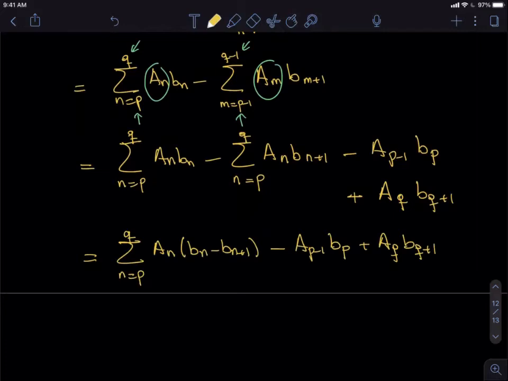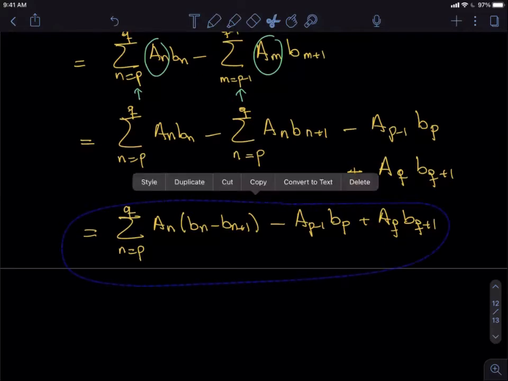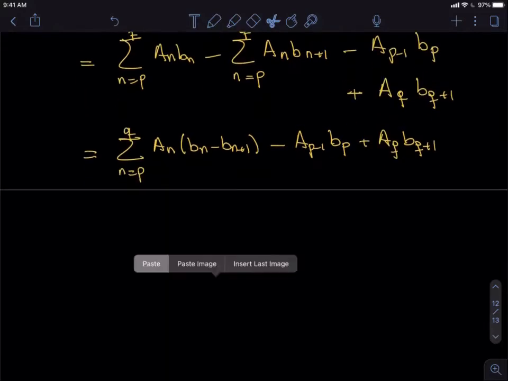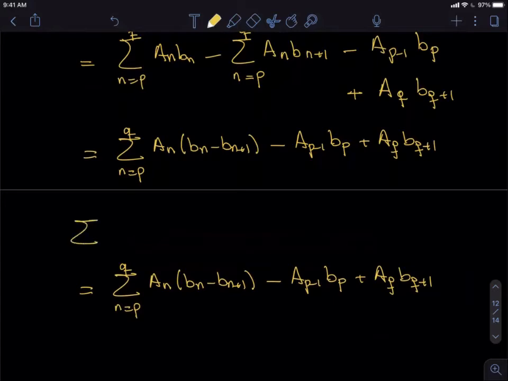And this is the formula for summation by parts. Okay, so let's copy paste and let's dignify this formula. So this is the sum from n equal p to q of a_n b_n. We write it like this.